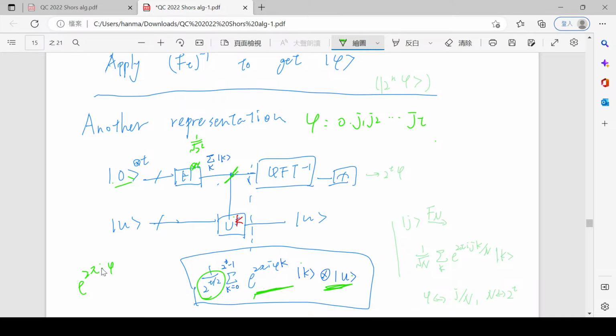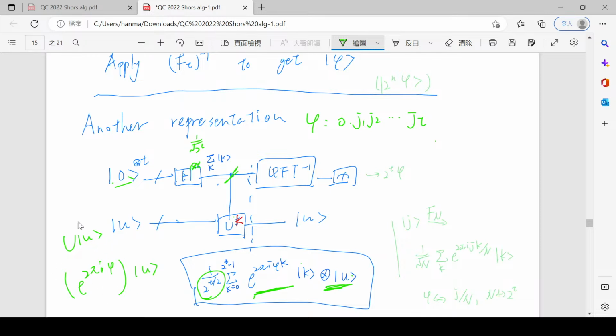And then we have this giant phase kickback, and we think about what happens on the computational basis. If we apply u once, then just as in the previous 1-bit example, you get one of these e to the 2 pi i phi factors. So u on small u equals e to the 2 pi i phi times small u, the eigenvalue equation.